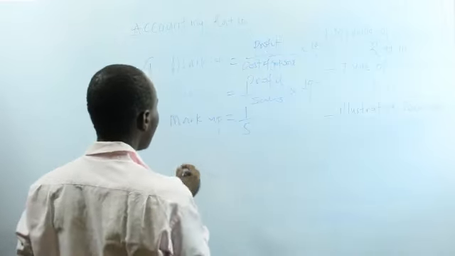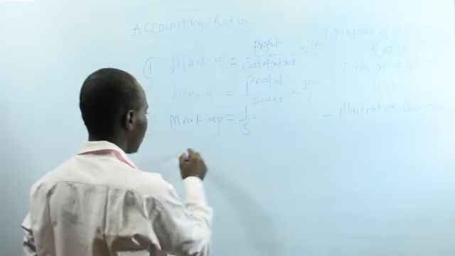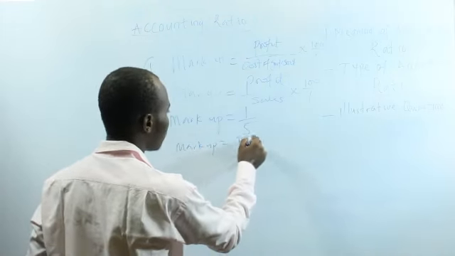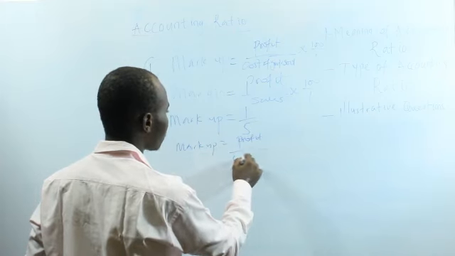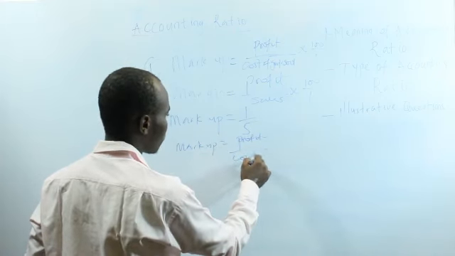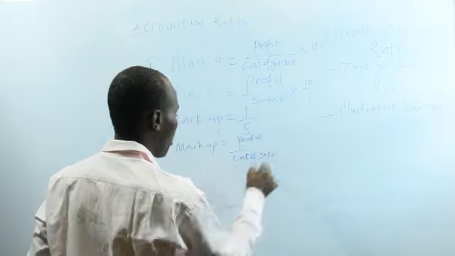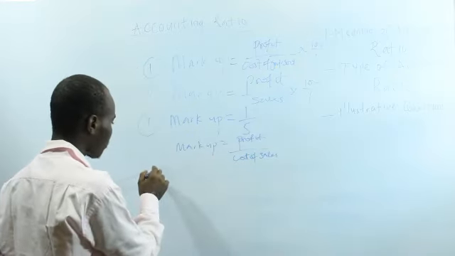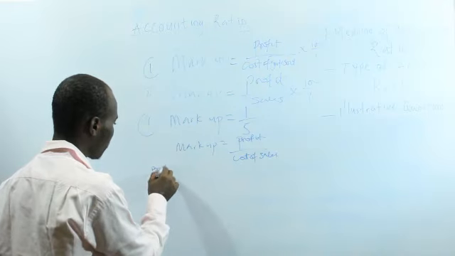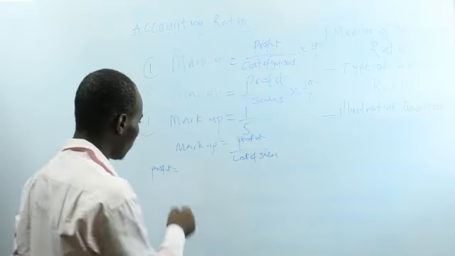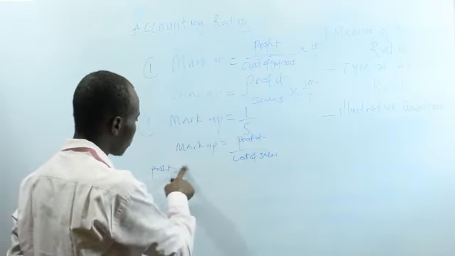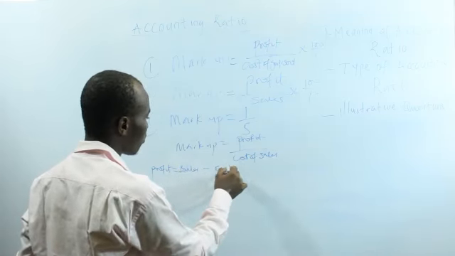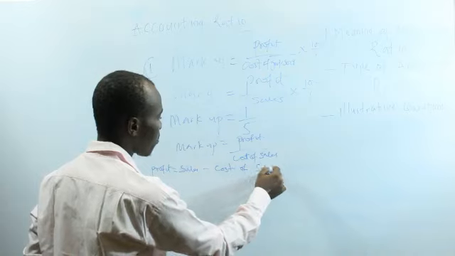So generally the markup is profit over cost of sales, and we know that generally our profit is equal to the sales minus cost of sales.